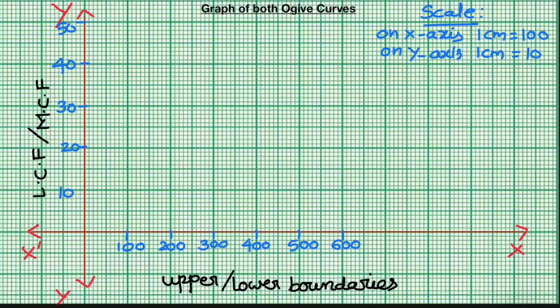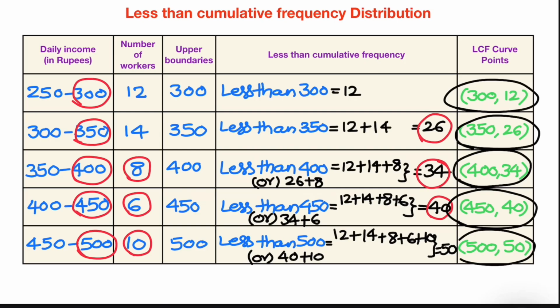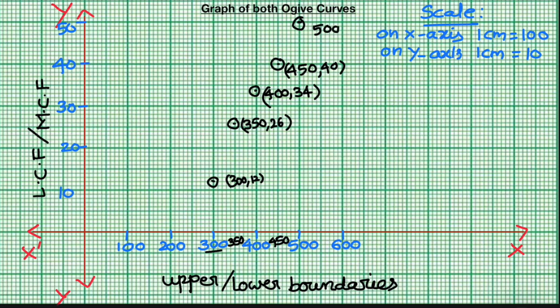First we mark less than type cumulative frequencies on the graph. We mark the first point, second point (350, 26), third point, fourth point (450, 40), fifth point (550). Now I join all these points.